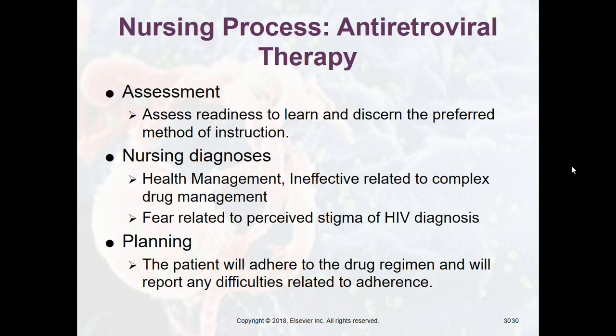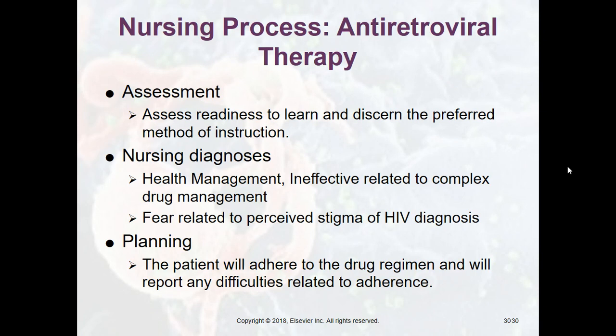Planning: the patient will adhere to the drug regimen and will report any difficulties related to adherence. So, plan ahead. Plan to meet with them every week or every 2 weeks, or to get them associated with a patient centered medical home, where they can go to one location in the program and have all of their doctors right there. So any issues that come up with opportunistic infections can be addressed.